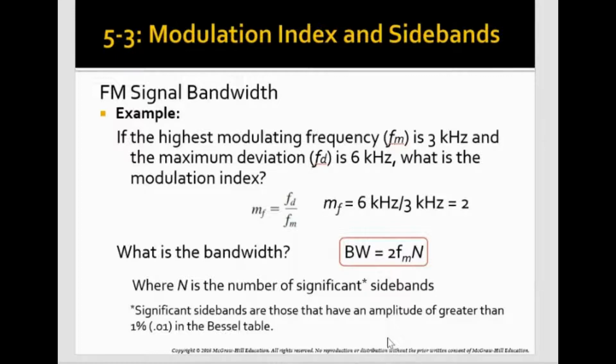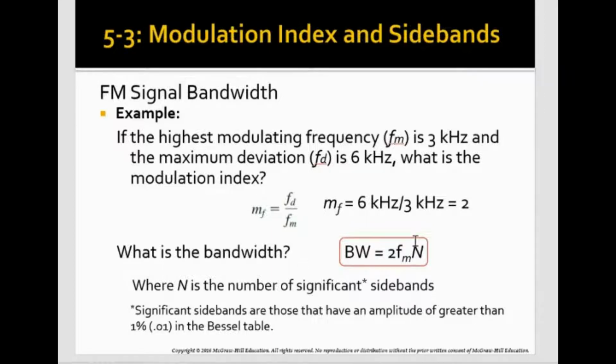So we need to check how many sidebands are significant. Significant means more than 1% compared to the carrier power. Then we can include it here, and we know the bandwidth.